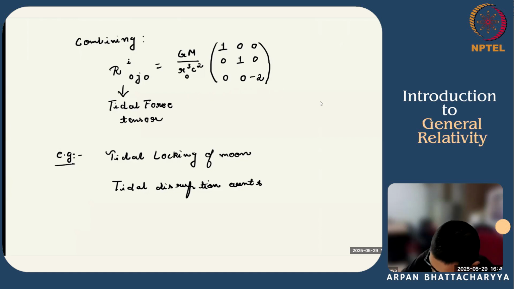You can see it's actually diagonal. It has two indices, and both take three values, x, y, z. So it's a 3x3 matrix, and you see that only the diagonal components are non-vanishing. The first is the x component, which is 1, the y component is 1, and this is -2, up to the overall factor of GM by r naught cubed c squared, where c squared is there for dimensional reasons.